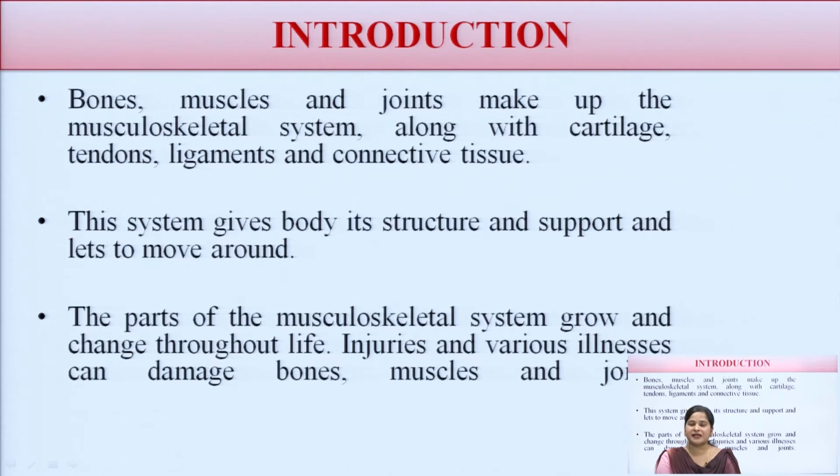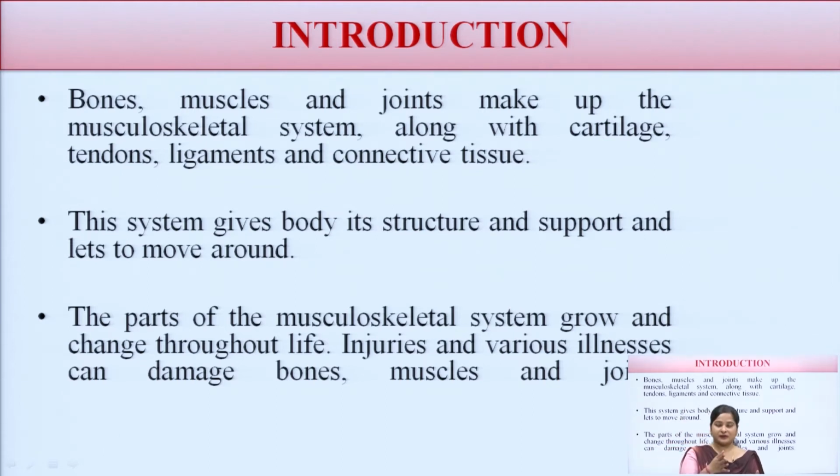These are the various kinds of tissues which help for the locomotion or the framework of the skeletal system. So, this system gives structural support and movement throughout the body, right.